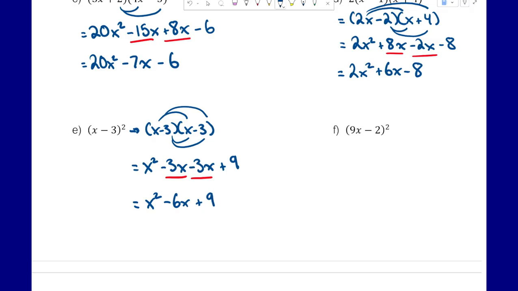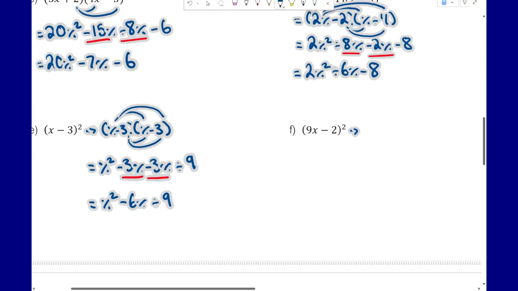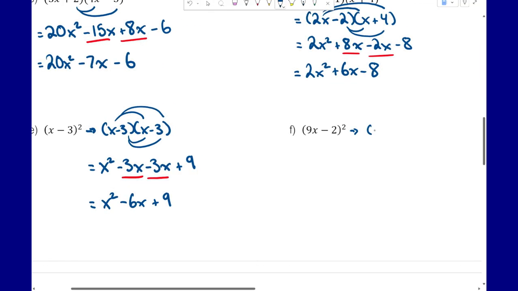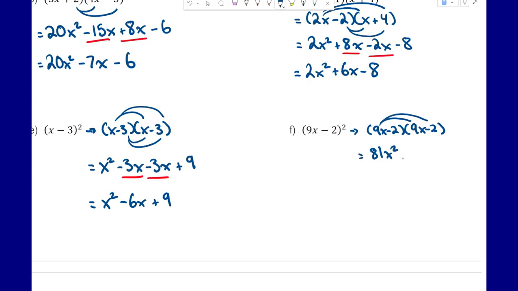And F is the exact same thing, or not exact same thing, but same idea. The squared, or the exponent in the one bracket, is really telling me that I have the same bracket twice. So 9x times 9x is 81x squared. 9x times negative 2 is negative 18x.